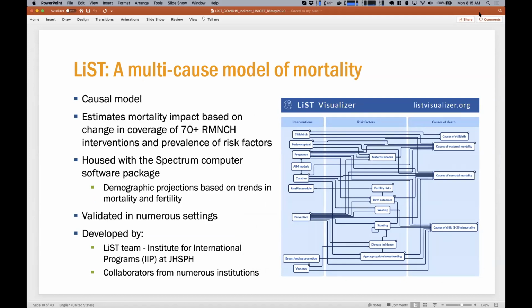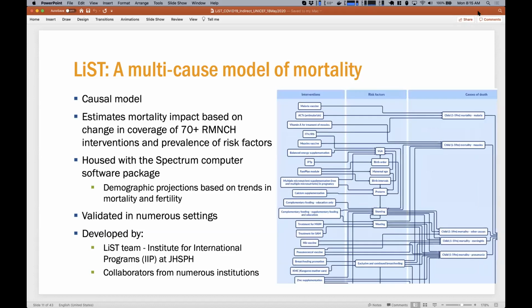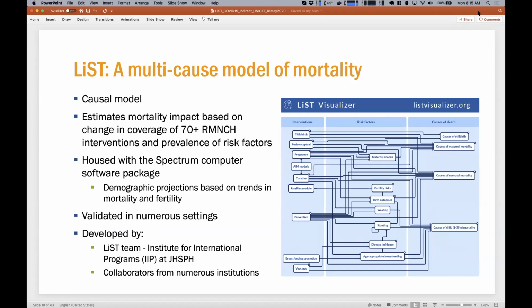And the tool has been validated in numerous settings. The tool was developed by the LiST tool team at the Institute for International Programs with collaborators from numerous institutions. And you can see here on the right-hand side, this is just an overview of the relationships between interventions, risk factors, and mortality within the tool itself. And each of these boxes actually contains numerous interventions. Next slide.